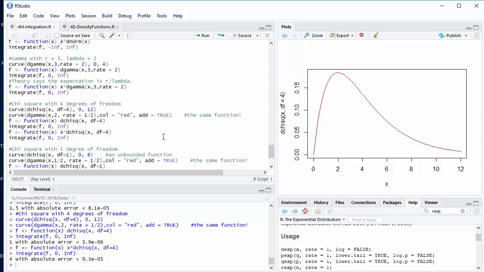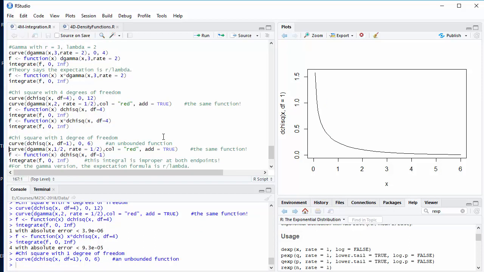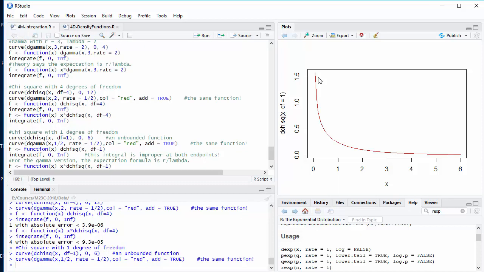What about chi-squared with only 1 degree of freedom? Woo, this one's nasty. It blows up at the origin, and it goes to infinity. It doesn't have bounded support. It's not a bounded function. The same phenomenon occurs, of course, if I take half the number of degrees of freedom and use a rate parameter of 1/2.